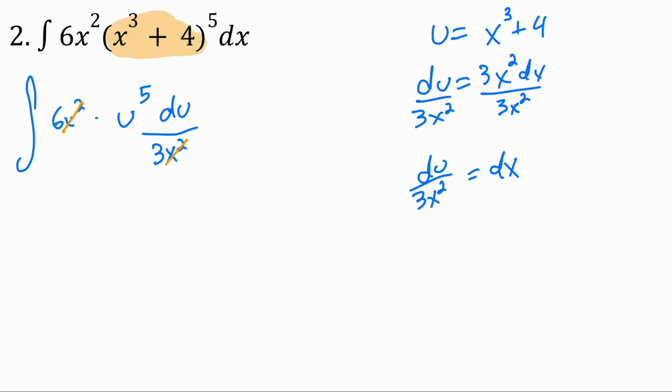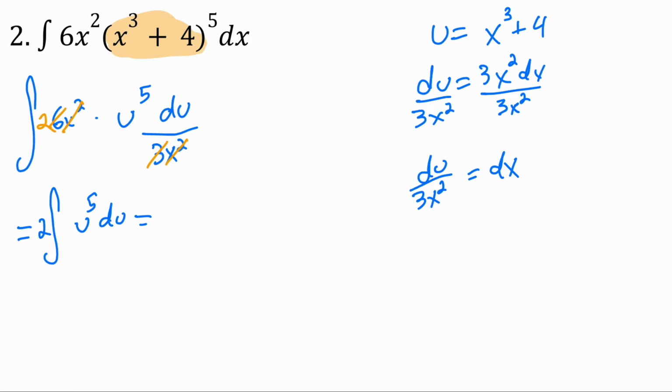Those can reduce out, and they have to reduce out. If you are trying to do U substitution with integration, you cannot have x's and u's together. So we expect that to happen, and if it doesn't, we have to make adjustments. And what's also nice here is that the 6 and the 3 can reduce to a 2. So what we're really doing is 2 times the integral of u to the fifth du.